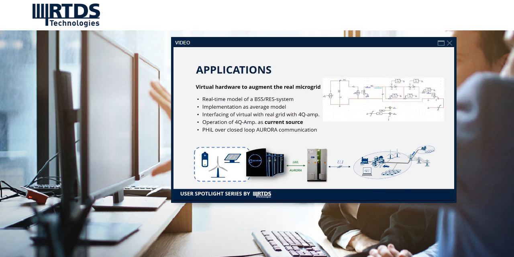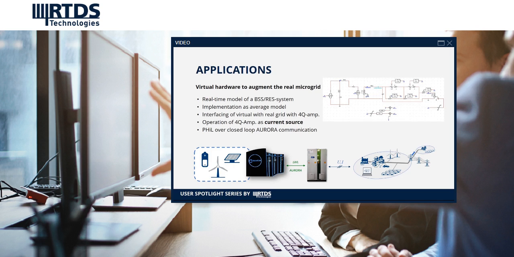A possible application is the integration of virtual components into the real microgrid. For example, the real microgrid can be augmented by virtual hardware, such as further battery storage systems or renewable energy systems. These should be implemented as average models to reduce the complexity of the model.